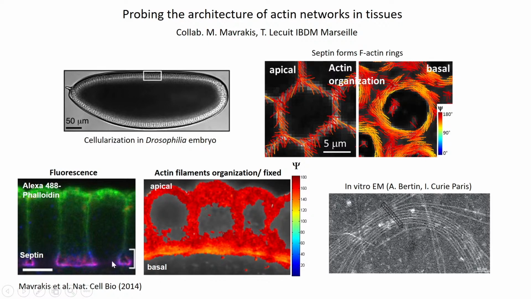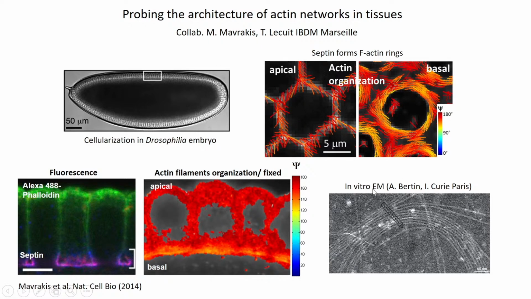So here, where we see septin by another fluorescence marker, we also see that the organization of actin is becoming narrower than what we see at the apical part of the cell, where septin is not present. And looking at this view from the top, indeed, all these sticks are very highly disorganized on the apical plane, while they are highly organized around the contour of these cells in the basal plane.